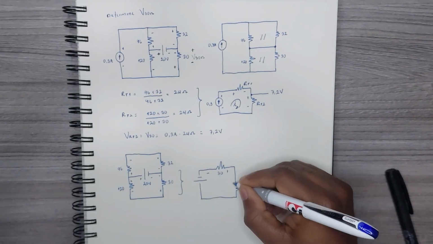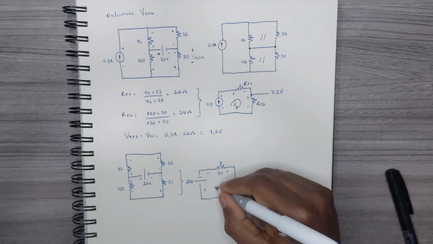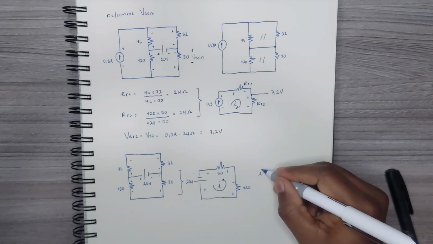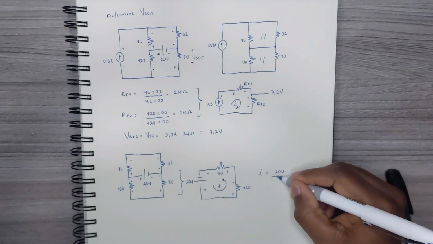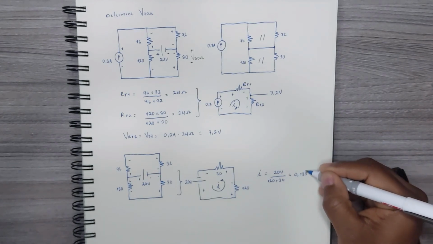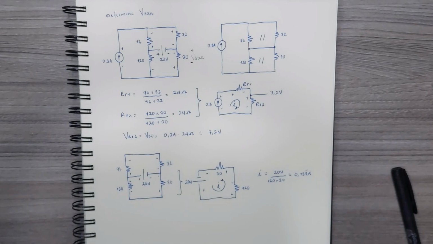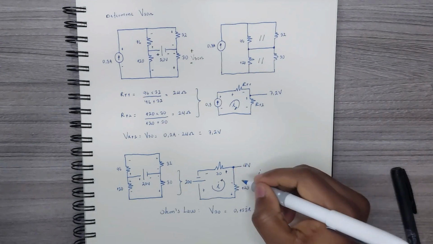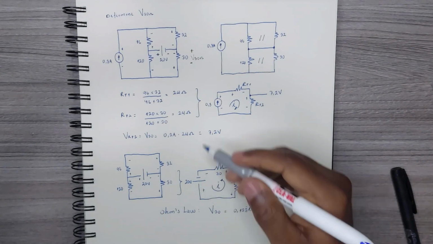First, I'm going to calculate the current. By Ohm's law, the current is equal to the whole voltage, 20 volts, over the equivalent resistance, in this case 120 plus 30. That gives me a current of 0.133 amps. Awesome. With this information, I can apply Ohm's law again to calculate the voltage across the 30 ohm resistor, and in this case it gives me 4 volts.